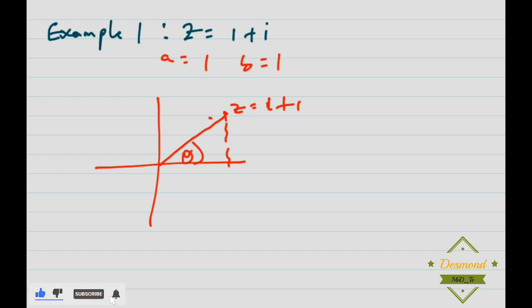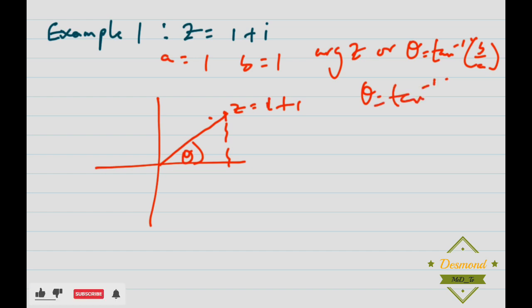Then we have our argument, which is arg z or theta. So tan inverse of b over a. So tan inverse of, our b is what? 1, and our a is also 1. So 1 over 1, simply 1.